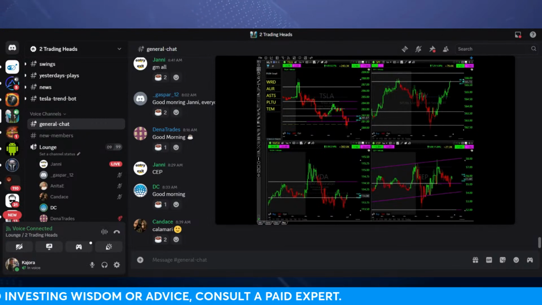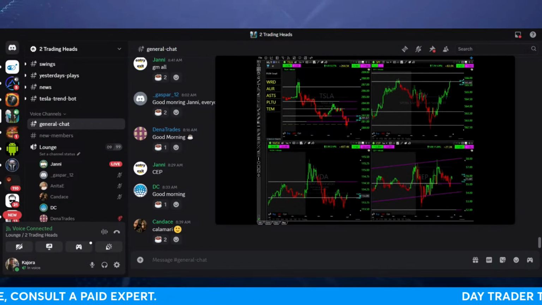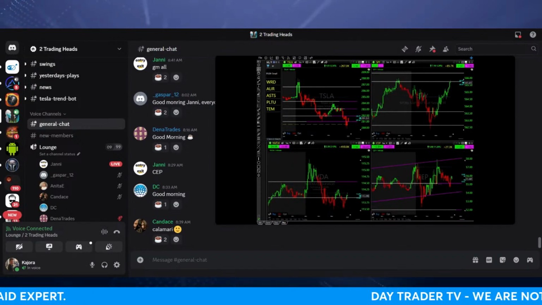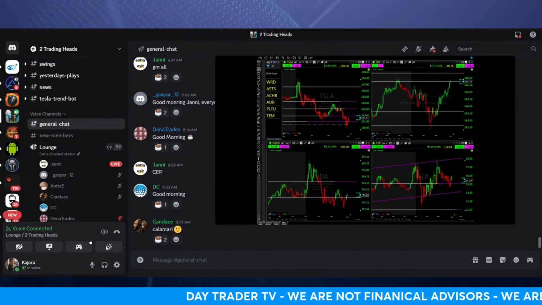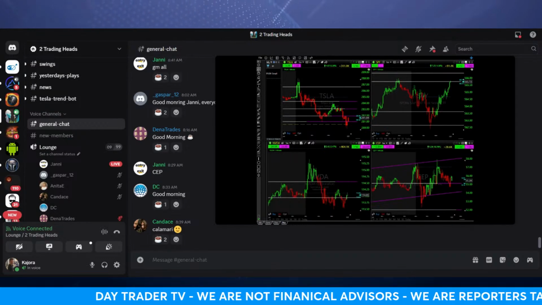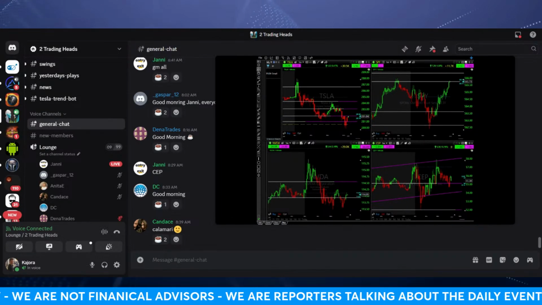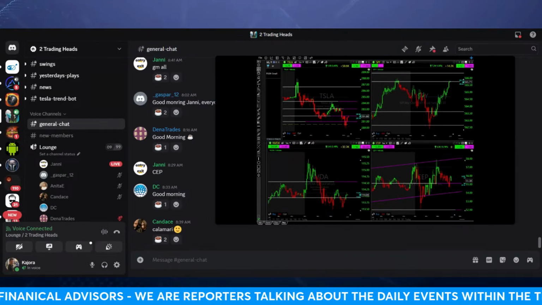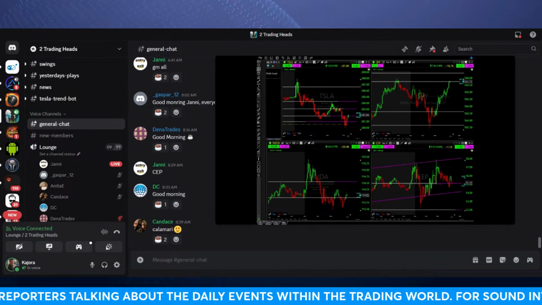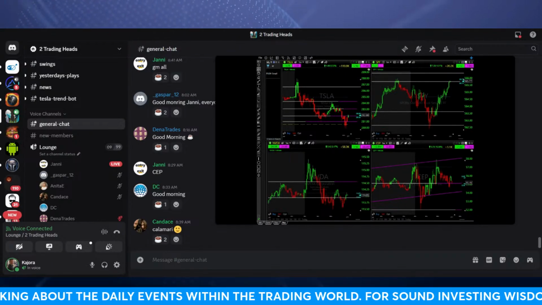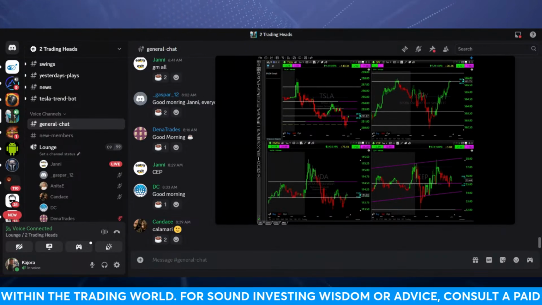What do you think of that SPY, Jeannie? Double top, boom. Beautiful double top on ES. Move your stops up on Tesla on the remaining amount. You're hitting some key resistance.